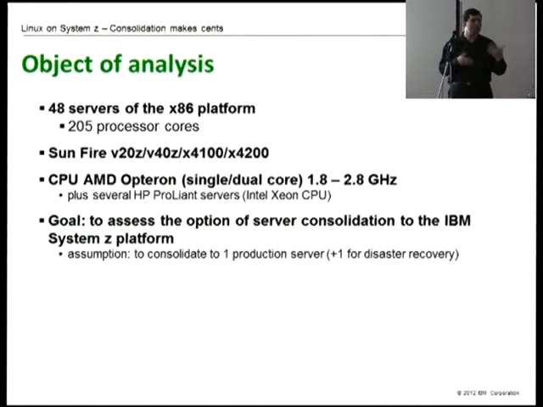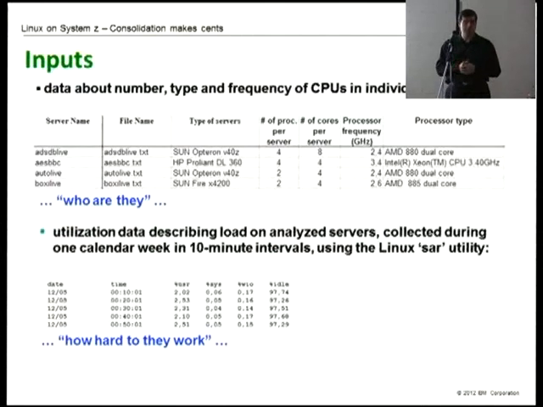These were some older Sun servers. Most of them had AMD Opteron processors. Some were even Intels. So it was a very heterogeneous environment. And we said, well, what would be the hardware on the Z side that could run the same workload as these servers are running?